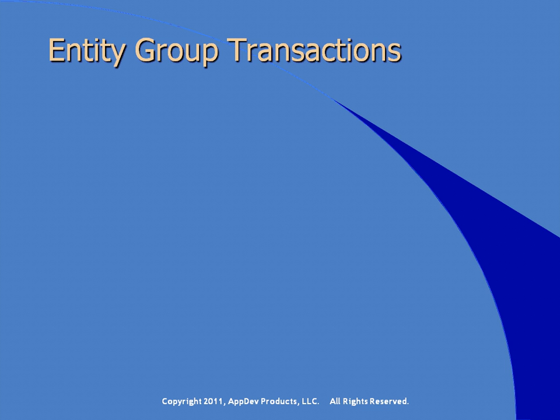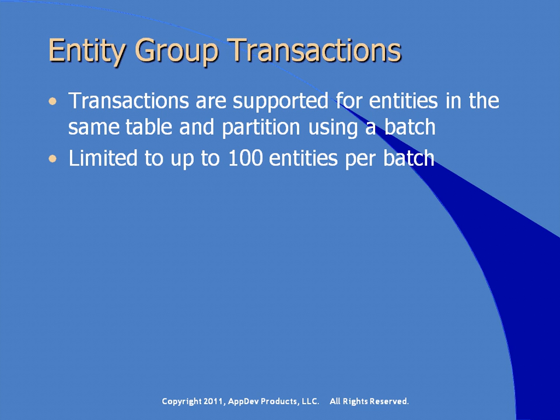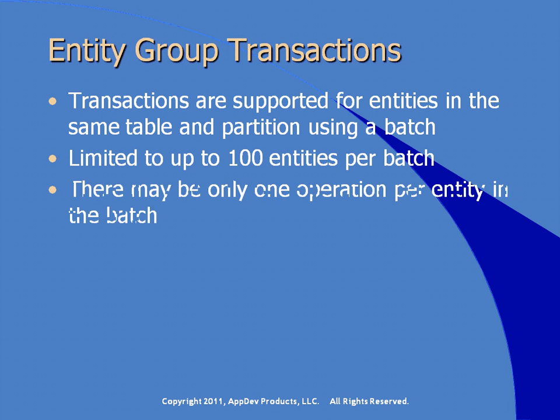Now, the way to improve performance and actually save cost for transactions is to group things in transactions. Transactions are supported for entities in the same table and partition using a batch, and we talked about batches a few slides back. Transactions are limited to 100 entities per batch, and there may only be one operation per entity in the batch, meaning you can't do an insert and update within the same batch.